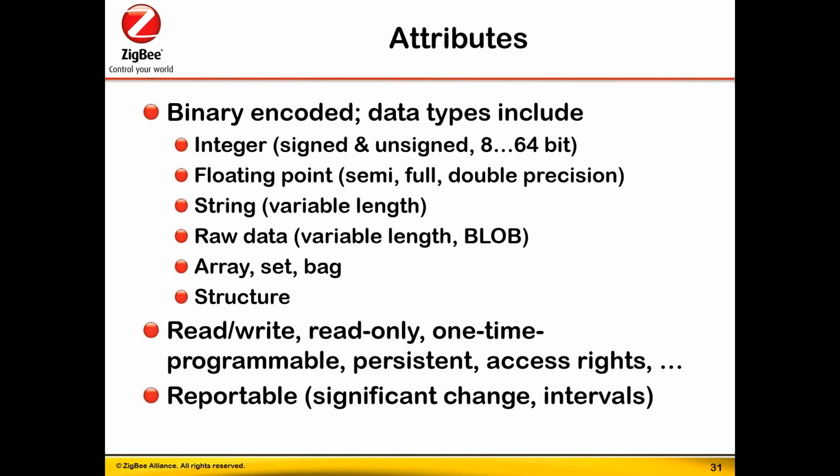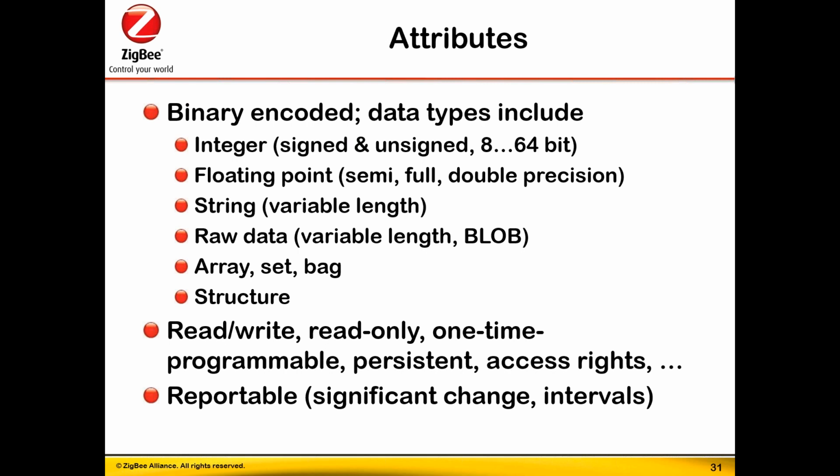Yeah, attributes, obviously an object-oriented approach, and you have the methods, the commands, and here you have the attributes. These hold their values in binary encoded format for different types. You can have arrays, structures, and it is possible to read and write attributes. You can do one-time programmable attributes.